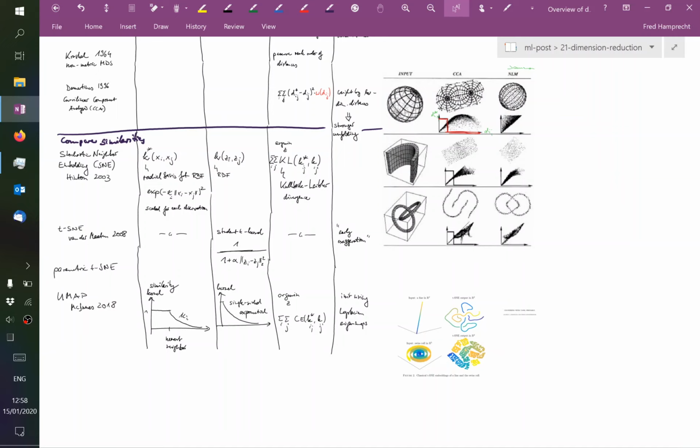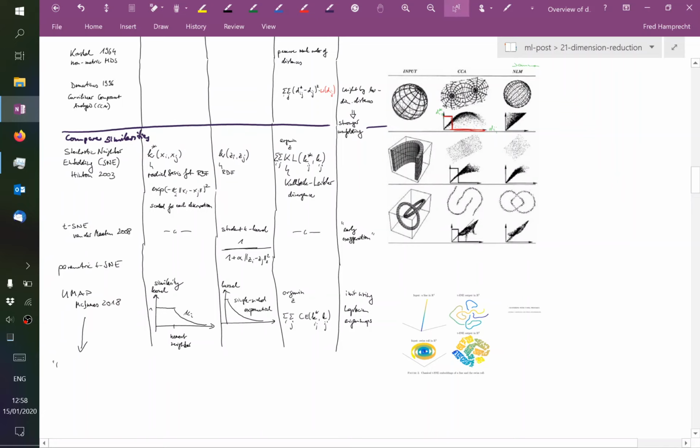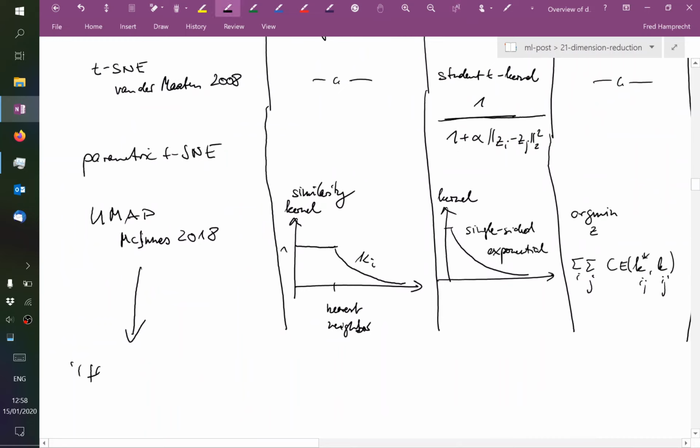Now, McInnes has a nice paper, but if you're interested in reading up on UMAP, there's also a great blog called How Exactly UMAP Works, by Oskolkov.